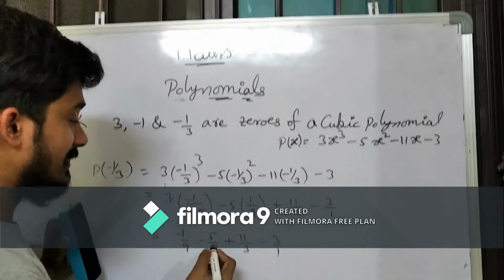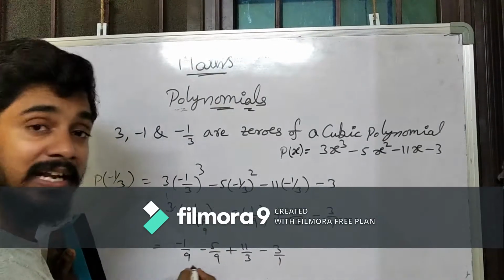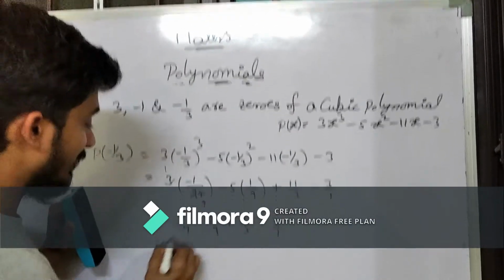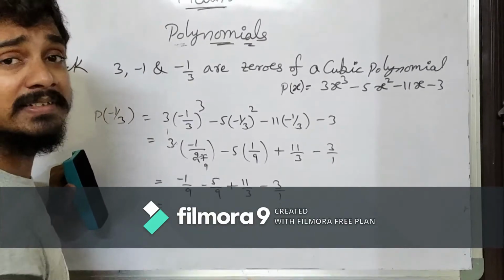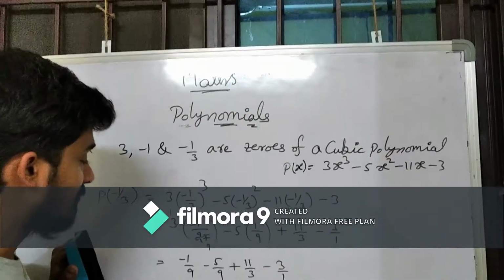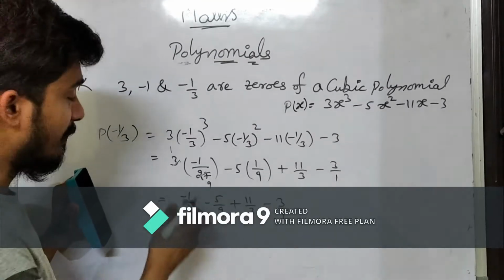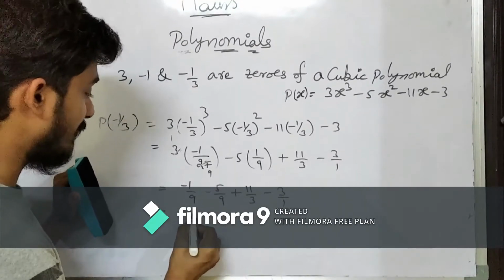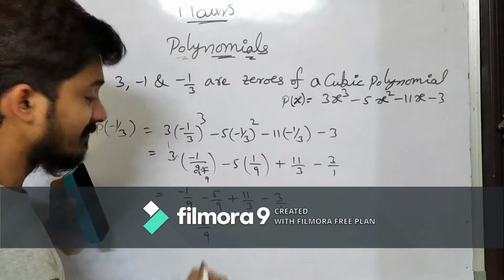Minus 1 by 9 minus 5 by 9: the denominators are the same, so you can directly add the numerators. Minus 1 minus 5 means minus 6 by 9.